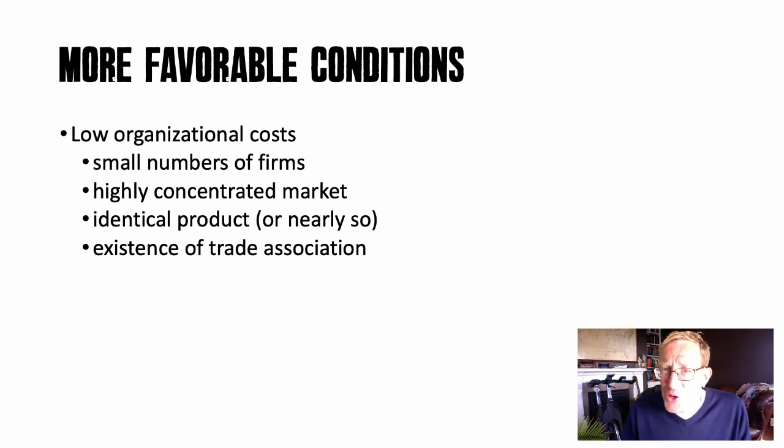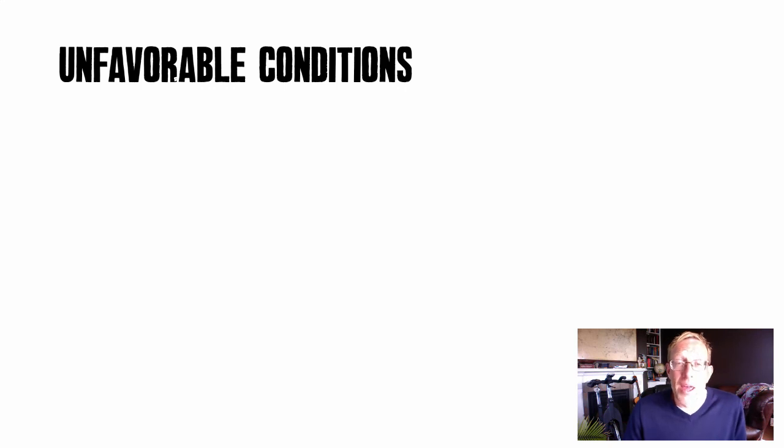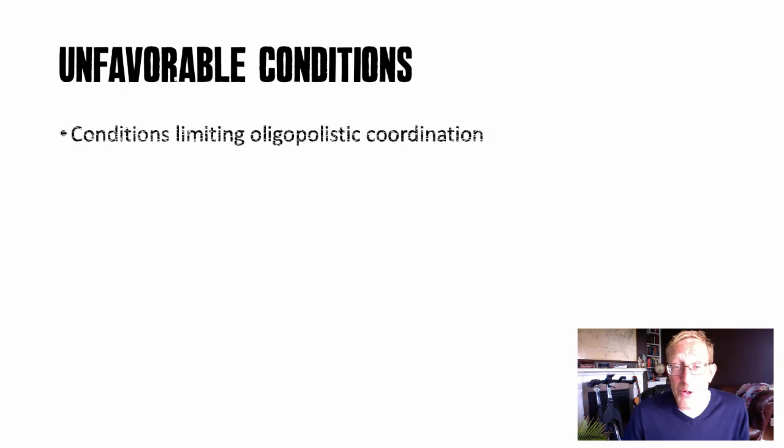Actually, the existence of a trade association can lead to more oligopolistic behaviors, more cartel behaviors, because you get together with your competition on a regular basis at the trade association meetings. And, over drinks one night, you might start to talk about what it means to raise prices or to cut back on output. The unfavorable conditions are essentially the reverse of the favorable conditions.